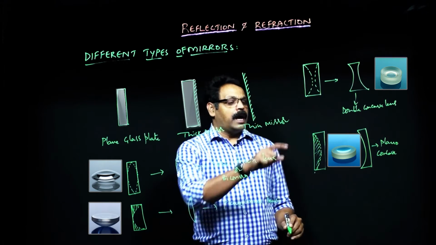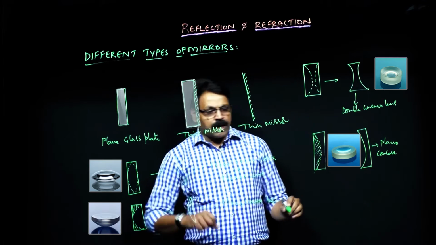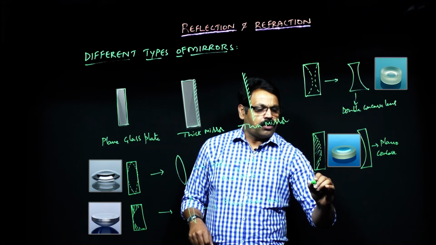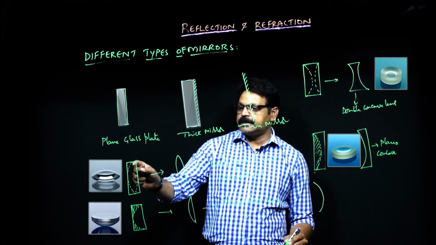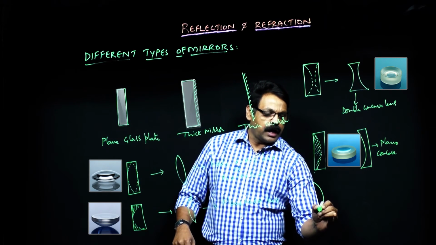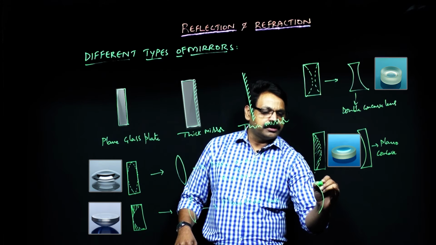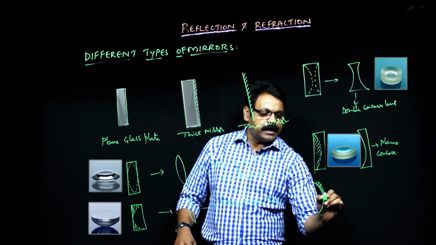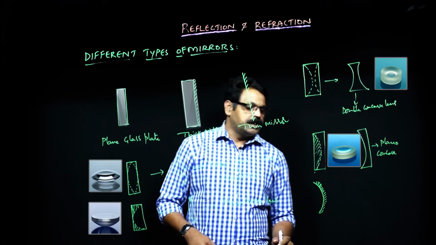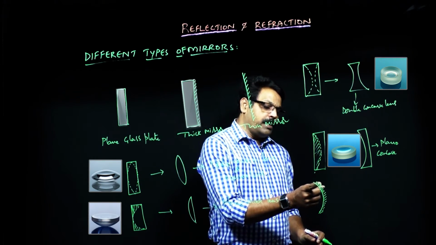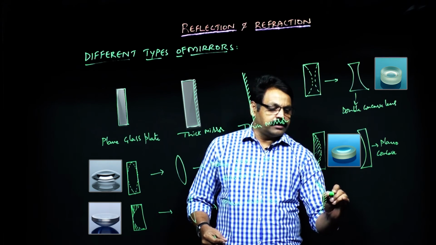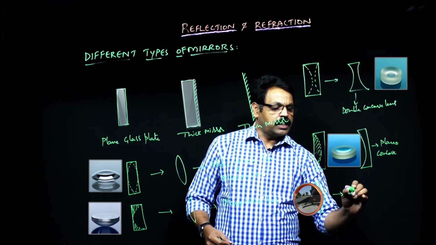And similarly, you also have the mirrors. If from the glass plate you have removed a curve and one end is polished, just like a spoon whose upper edge is polished, then it is called a concave mirror.